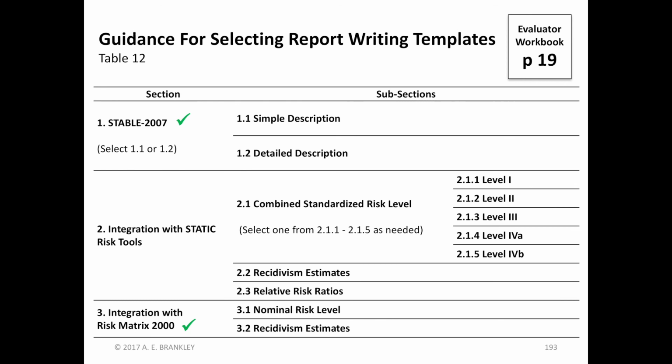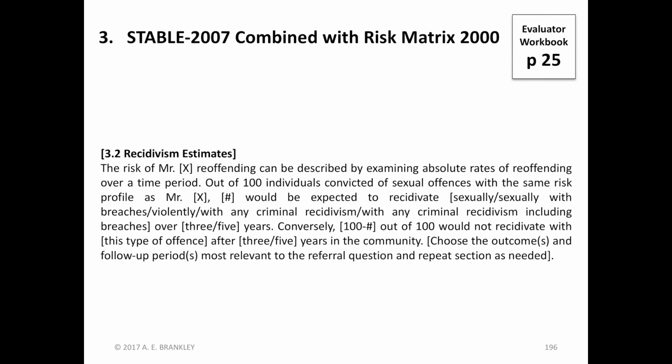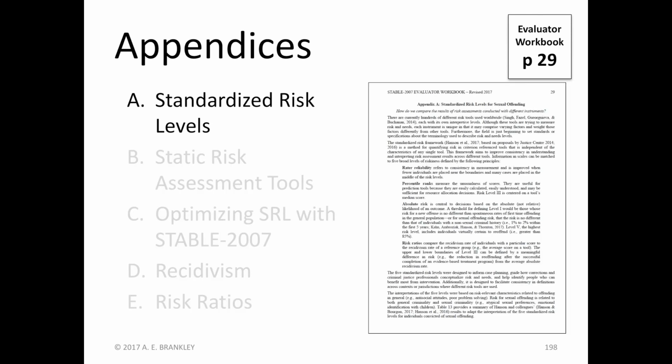If instead you are combining Stable with Risk Matrix, you can use the following 2 templates. The first template describes the combined Stable Risk Matrix level, and the next template is for reporting recidivism rates. Lastly, let me just alert you to the additional information held in the workbook appendices.